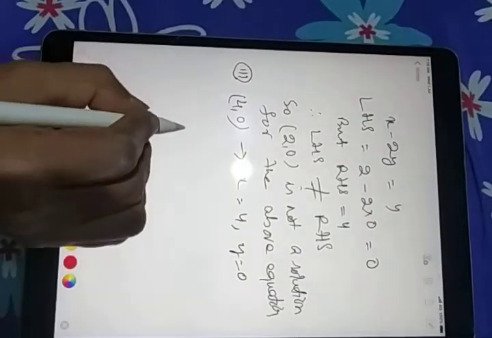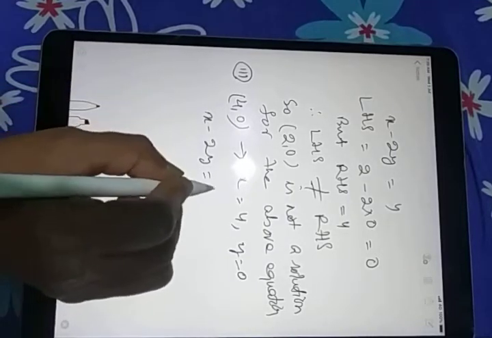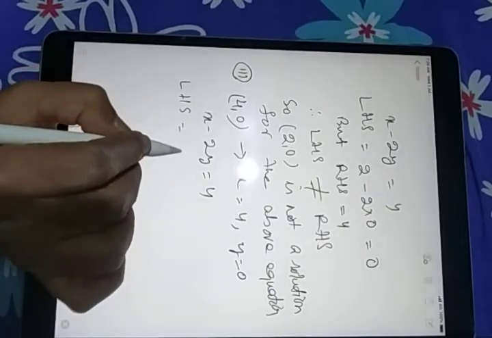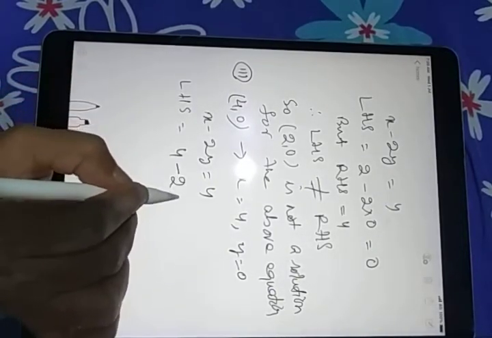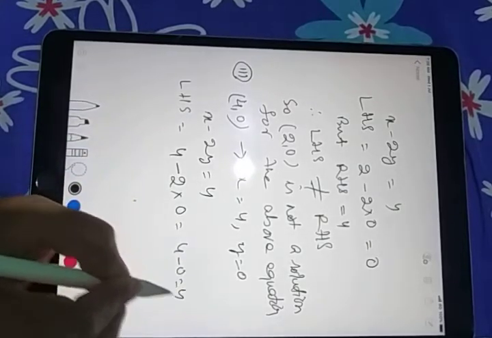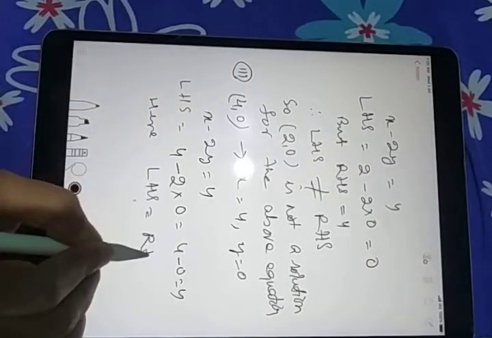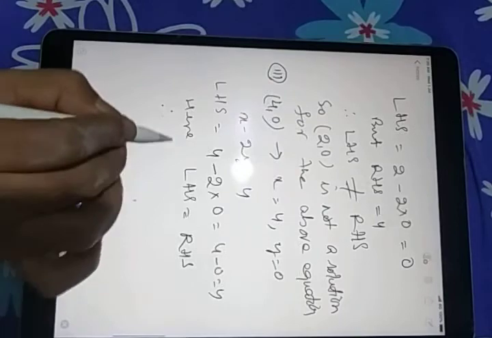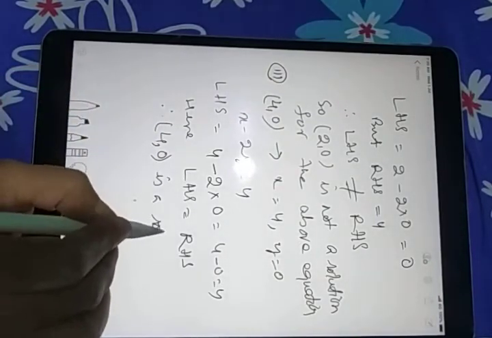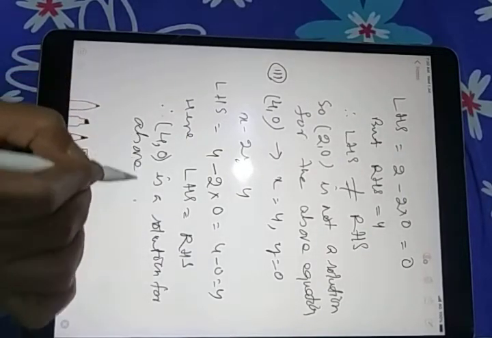Our equation is x minus 2y equal to 4. LHS equal to x is 4 minus 2 into y is 0, equal to 4 minus 0 equal to 4. Here LHS equal to RHS. So (4, 0) is a solution for the above equation.